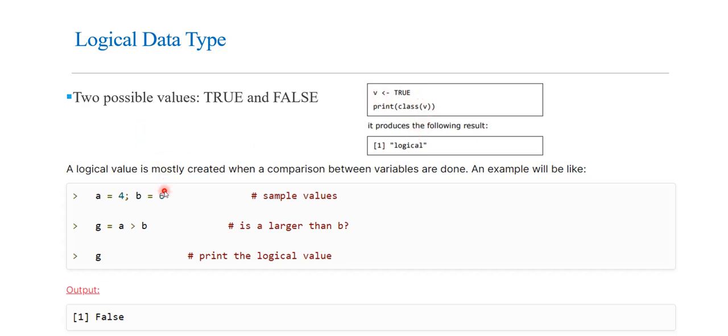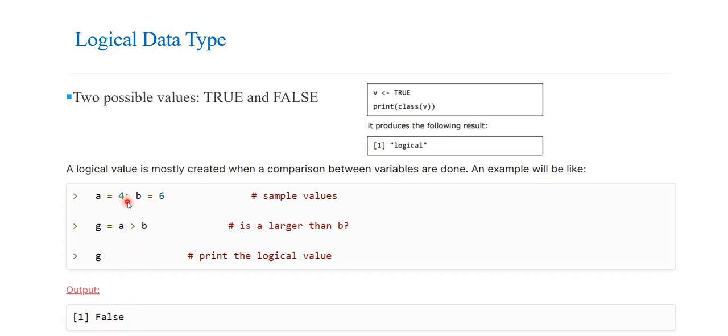You can also use this for comparison. You define two values, a and b, and you want to compare whether a is greater than b, or a is less than b, or a is equal to b. In these cases your output will be a logical data type. When you are comparing two variables using comparison operators, the output will be of logical data type.